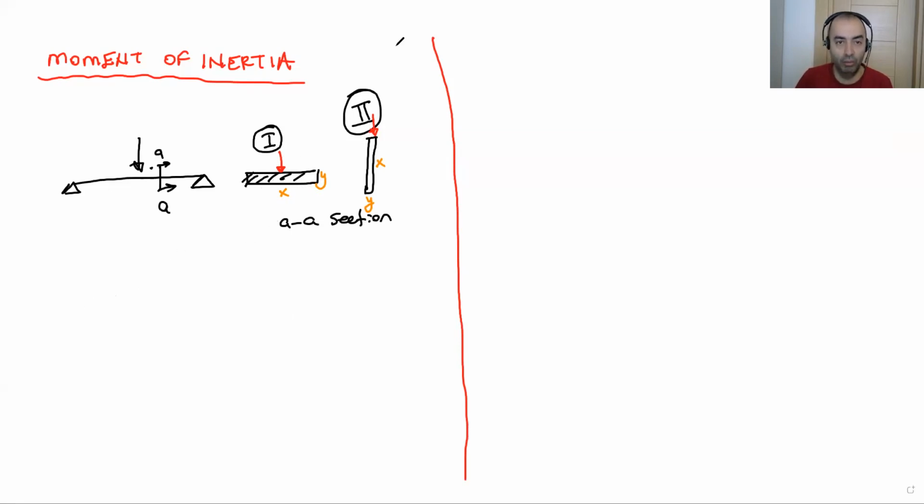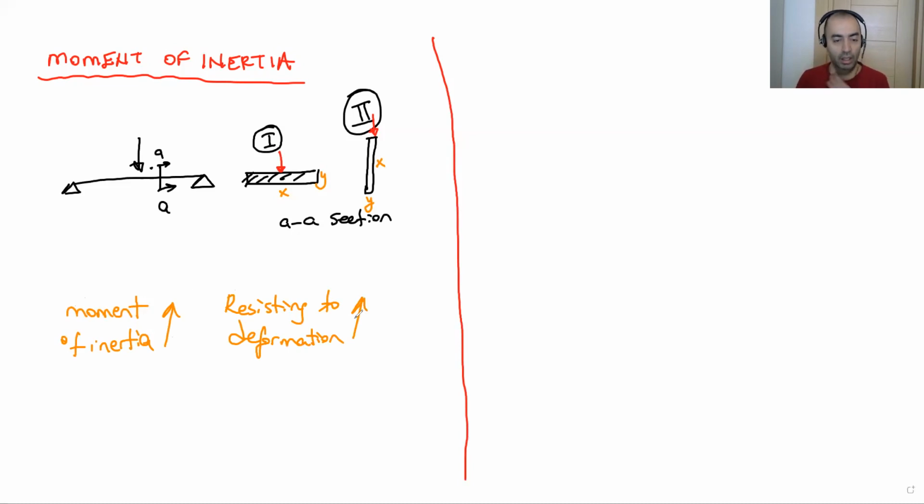So if we have big moment of inertia, if this increases, resisting to deformation increases.